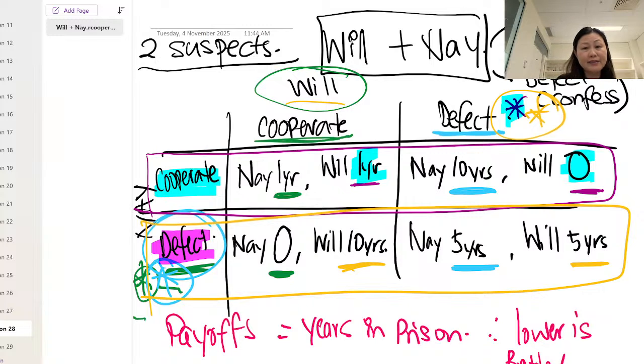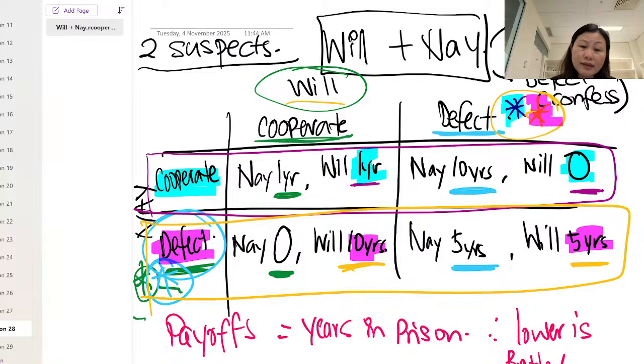If Nay defects and Will cooperates, Will gets 10 years. So very clearly, if Nay defects, Will defecting will give him a better payoff. And therefore, we get the double star, which indicates that Will's dominant strategy is defecting.